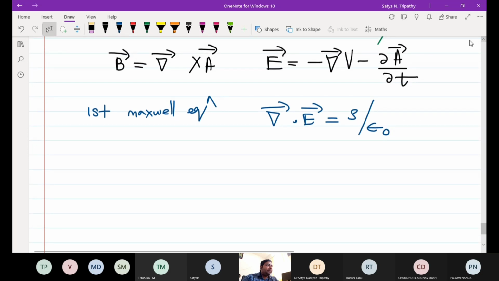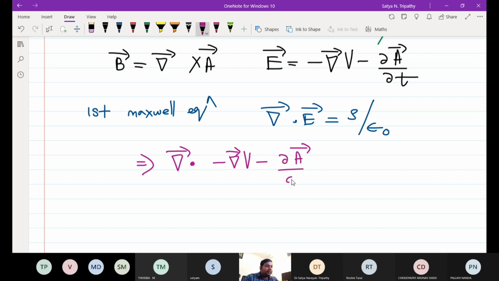So this is del dot of negative gradient of V minus dA by dt is equal to rho by epsilon 0. Is it clear? Yes, sir.